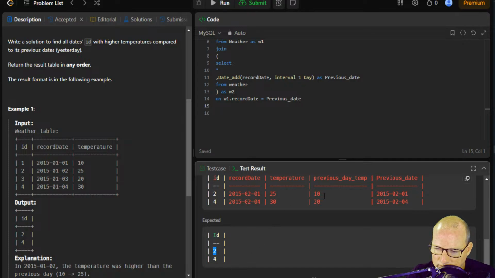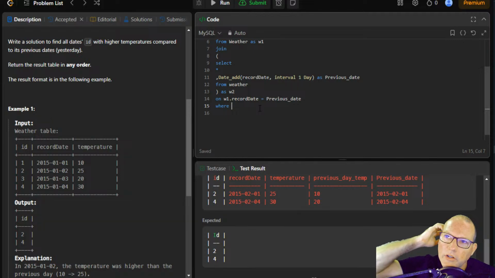And there we are. So now we need to do the test. This already handles that. Wow. And then now we're going to check and see if this is lower than this. So where, and then there's a having. I gotta get better at having, because having is a where clause where you don't have to use a subquery.